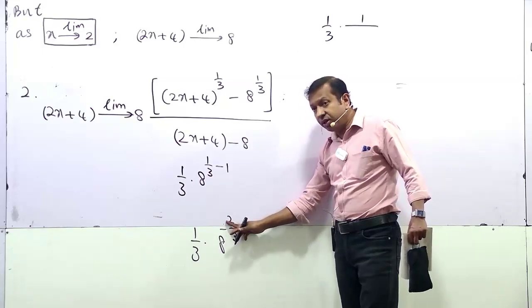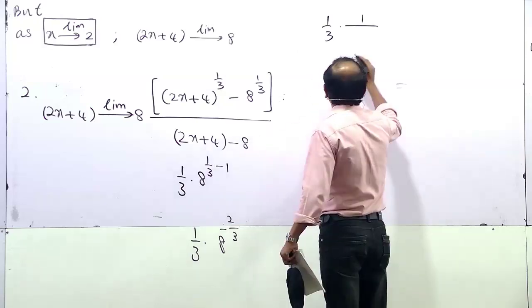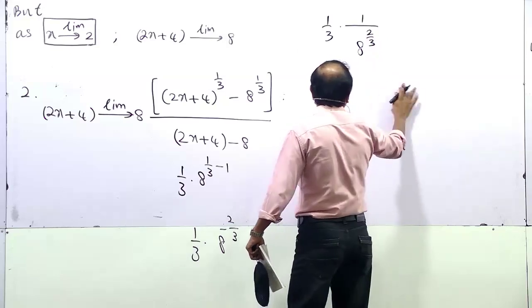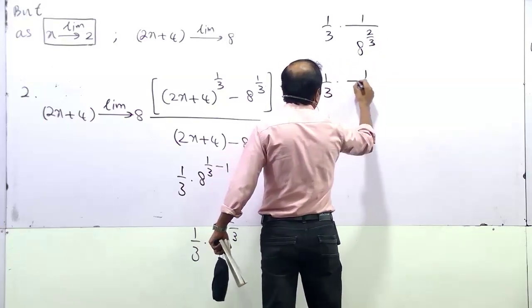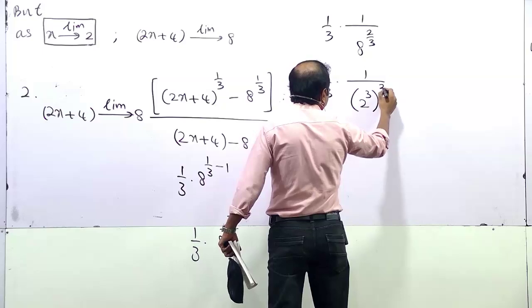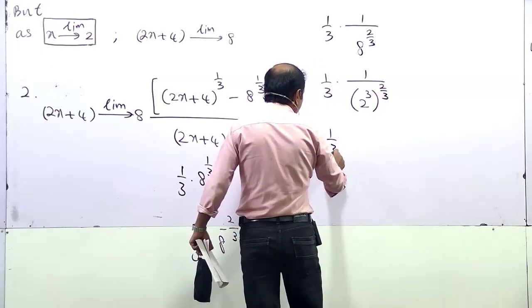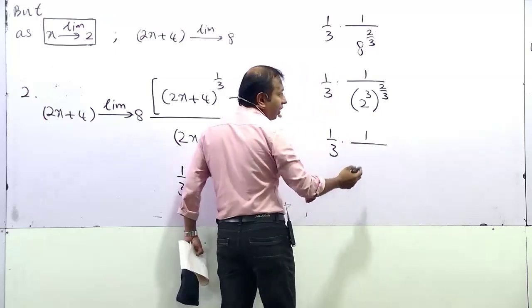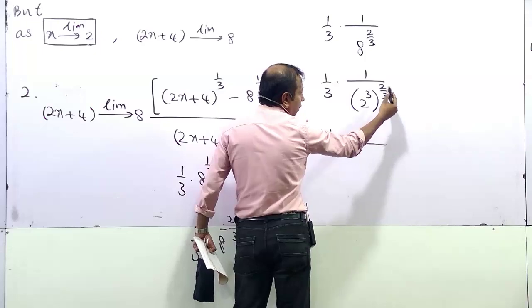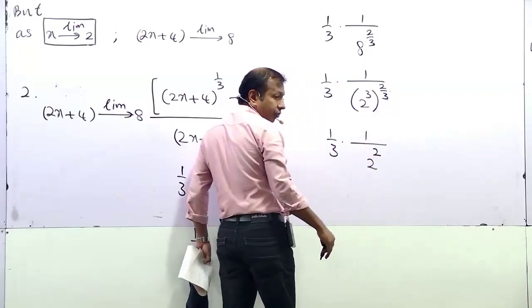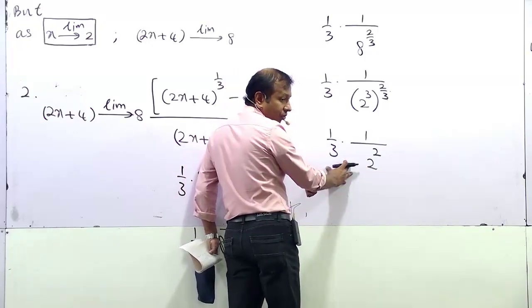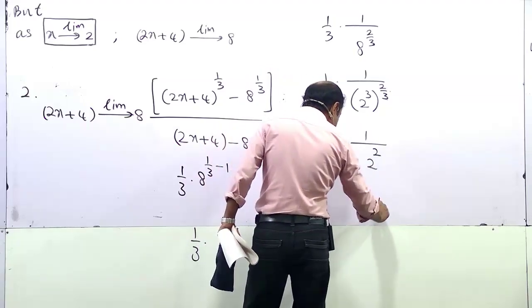Then what happens? This power will be plus. Okay, 1 over 8 to the power plus 2/3 like this. 1/3, 1 over, this 8 I can write as 2 to the power 3, that to the power 2/3. How to simplify here, people? This inner power and the outer power we have to multiply. 3 and 3 will cancel. We get 2 squared. Then we get here 4, here 3. Answer is 1 upon 12. 1 over 12 is the answer.